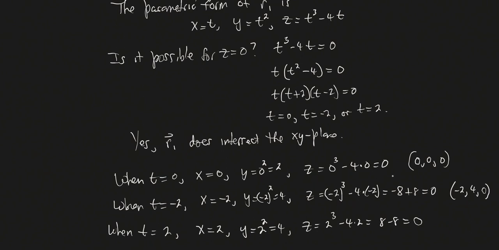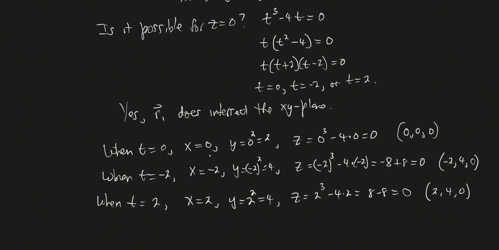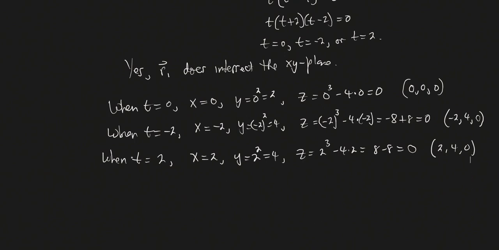So I really didn't need to do these calculations. I could have just said, well, I know the points that we're finding are in the xy plane, so I know automatically that the z values will have to be equal to 0. This is just a confirmation of that fact. And there we go, there are the 3 points of intersection of this curve in the xy plane. And it could be done for the other components as well. So we have a nice intersection problem.